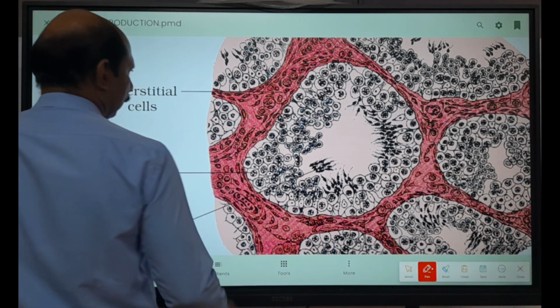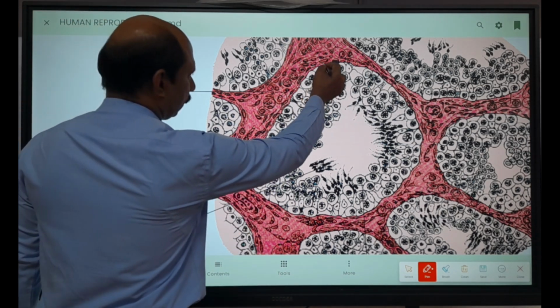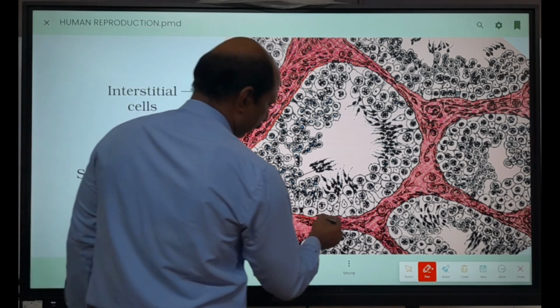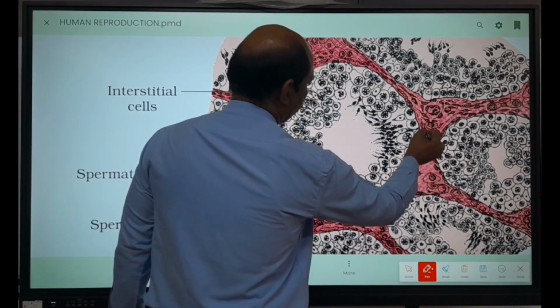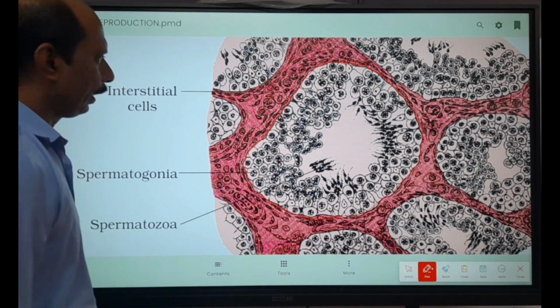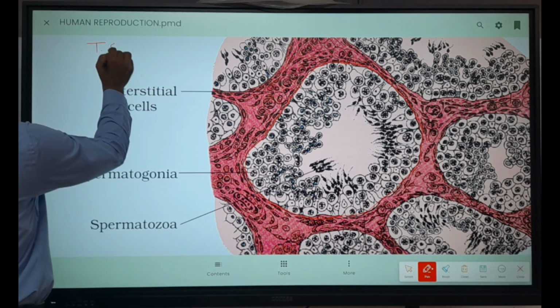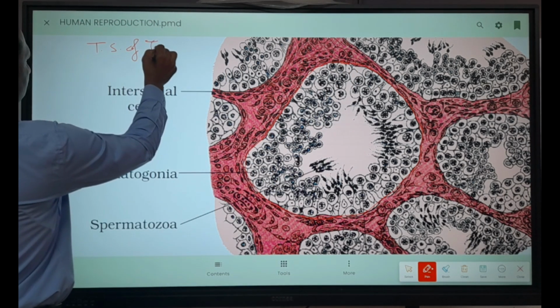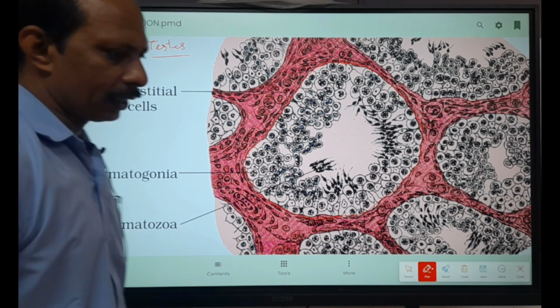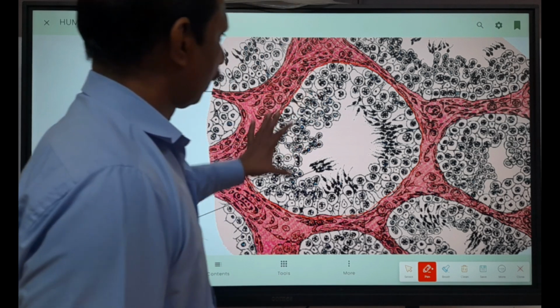Look here, this portion is our seminiferous tubule-like structures, seminiferous tubules, and we can say it is the TS of testis. If you see the transverse section of a testis in a slide, you can see this structure, right?